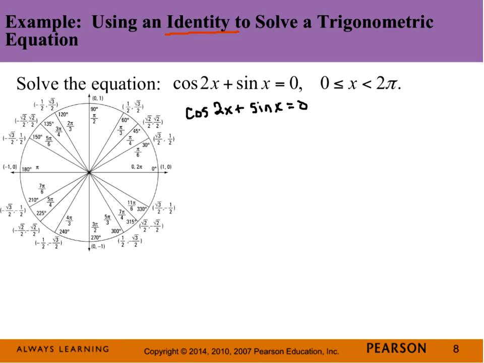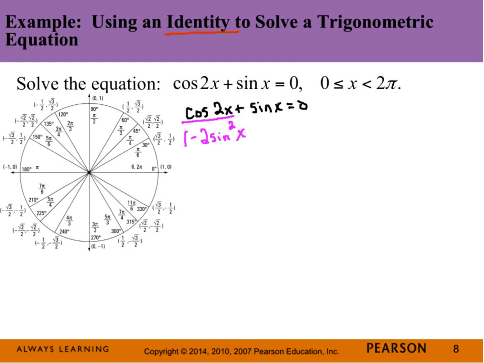So I'm recognizing right now the cosine of 2x. In our last lesson, 5.3, we learned the identity that the cosine of 2x is the same exact thing as 1 minus 2 sine squared x.